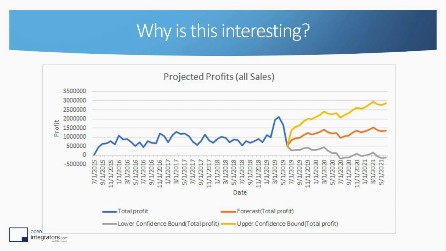Can we predict our profits? Yes, we can. We're using an exponential smoothing algorithm here, and with that, we can come up with some sort of forecast for profits. And this is based on all of our product lines, not just one.